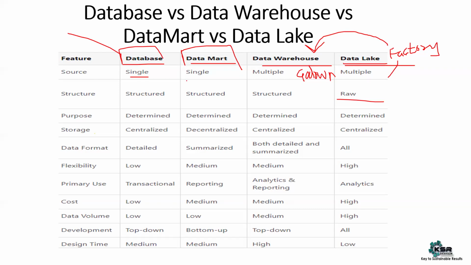If you want to describe data lake, data warehouse, data mart, and database: any product which is manufactured, that manufacturing unit is called a data lake. Once it is manufactured, it comes down to the godown. That godown is called a data warehouse. In the godown, that information is segregated in separate racks. That separate rack is called a data mart, and that single product is called a database.